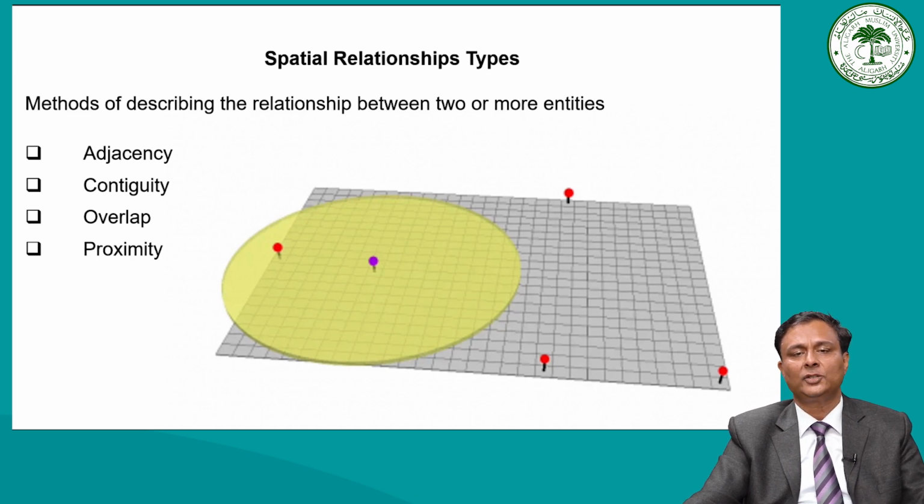Adjacency is when two polygon entities are directly connected to each other, sharing a boundary. That would be known as adjacency.